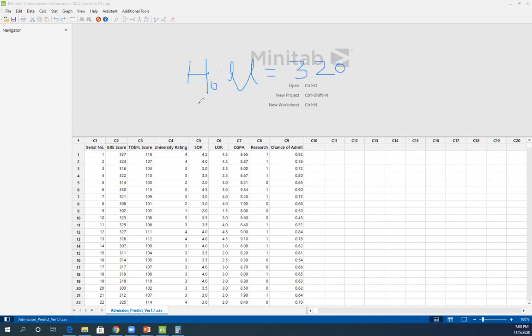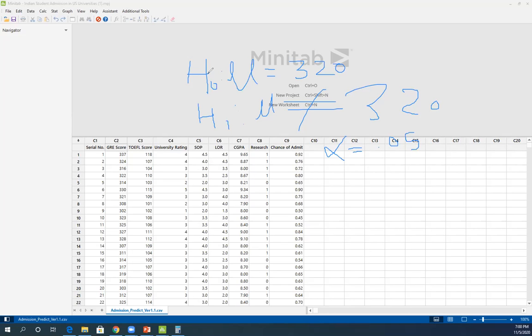The alternative hypothesis says mu is not 320. So this is the first step I have decided. Now I would like to decide at what consistency level I'm going to check this. So I'm going with alpha of 5%, which means the confidence level is 95%.